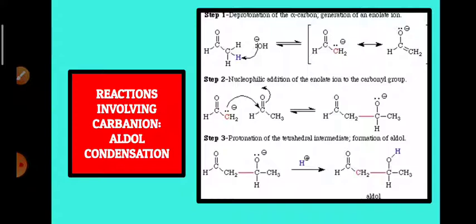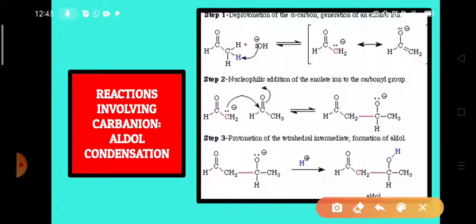Now, already we have learned that the carbonyl group presence makes the alpha hydrogens acidic. So look here. Actually, this is acetaldehyde, and this is the alpha carbon to this aldehyde group, and it is acidic in nature because it is adjacent to the carbonyl group.